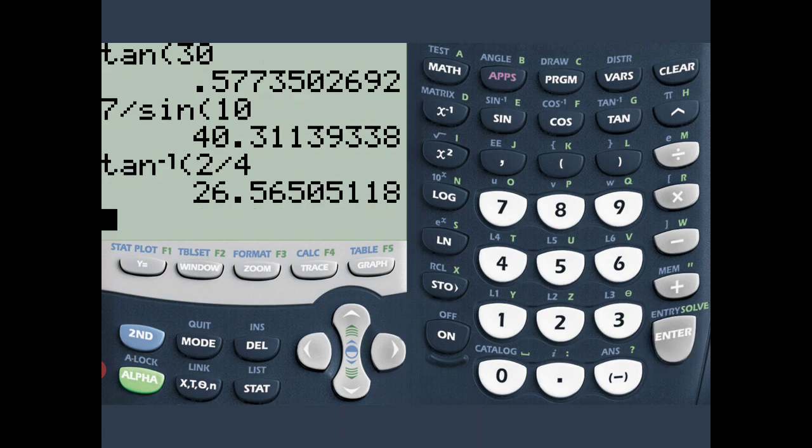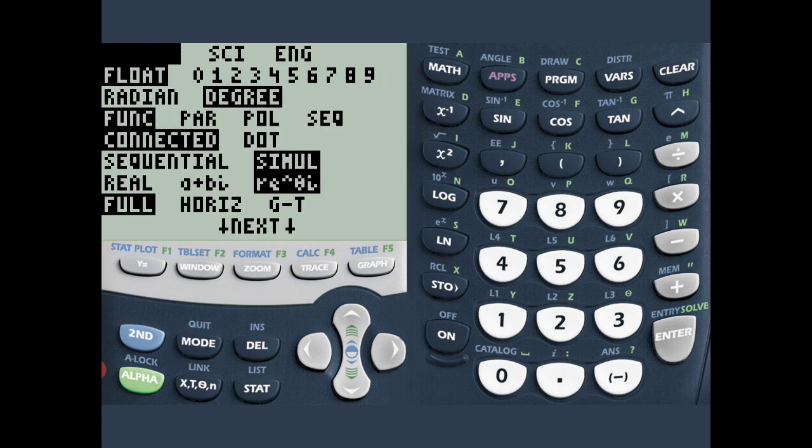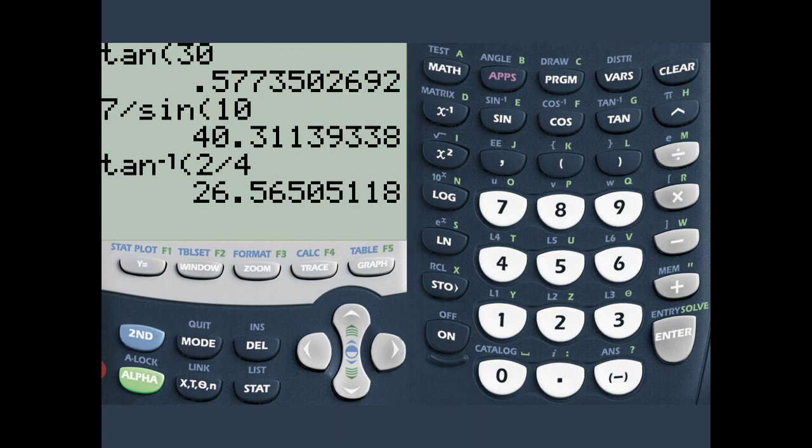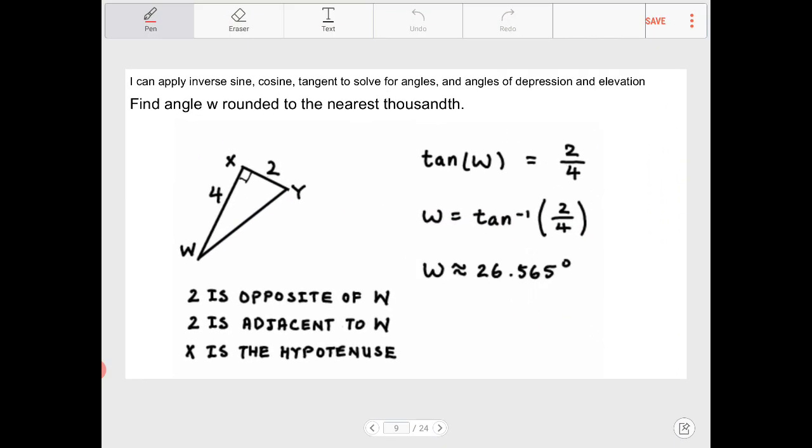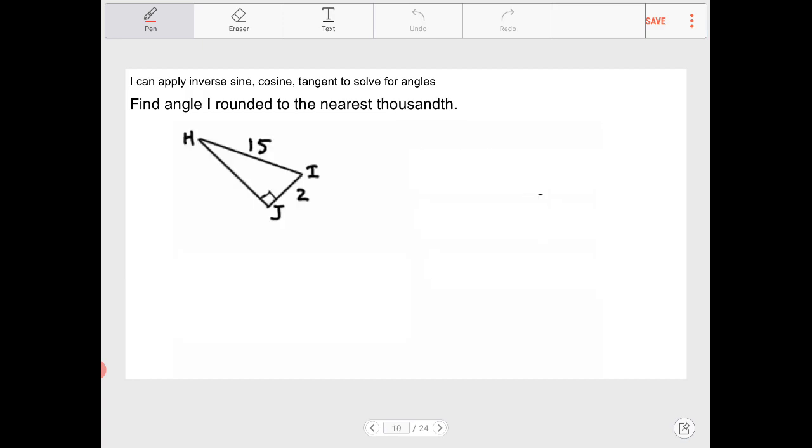Being in degree mode, this is going to be 26.56. I mentioned in the previous video that whenever you're entering or figuring out an angle in the calculator, make sure your calculator setting is in degree. So angle W turns out to be 26 and change.